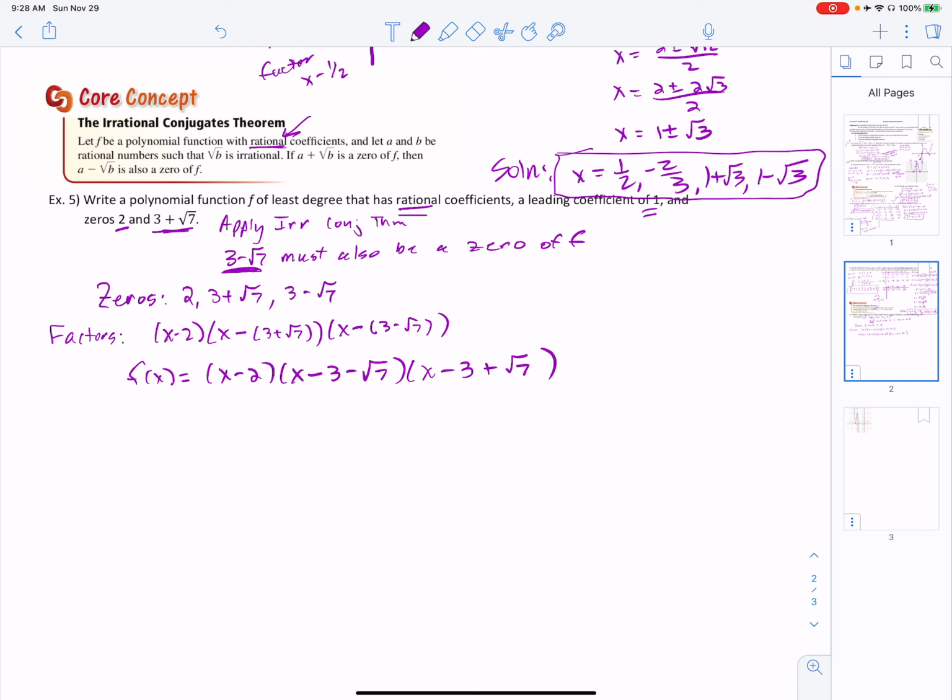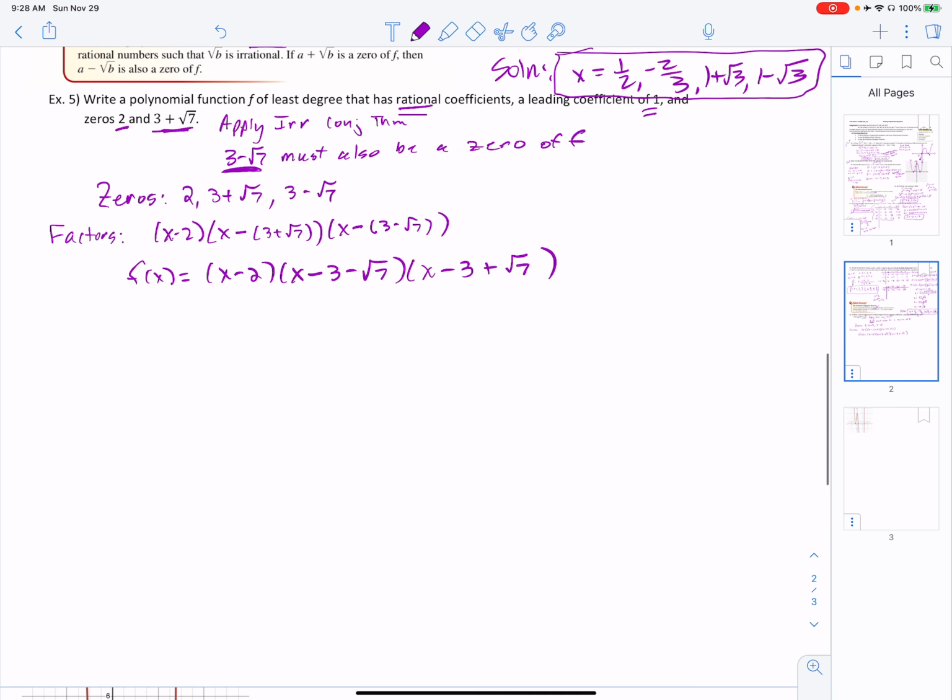But there's a trick to be able to multiplying these out a little bit easier. And yes, there are programs that will just multiply these things out for you and just spit out the answer. If you don't have multiple steps on these, you will not get credit. And so one of the keys to being able to multiply this better is you must multiply these two quantities together first.